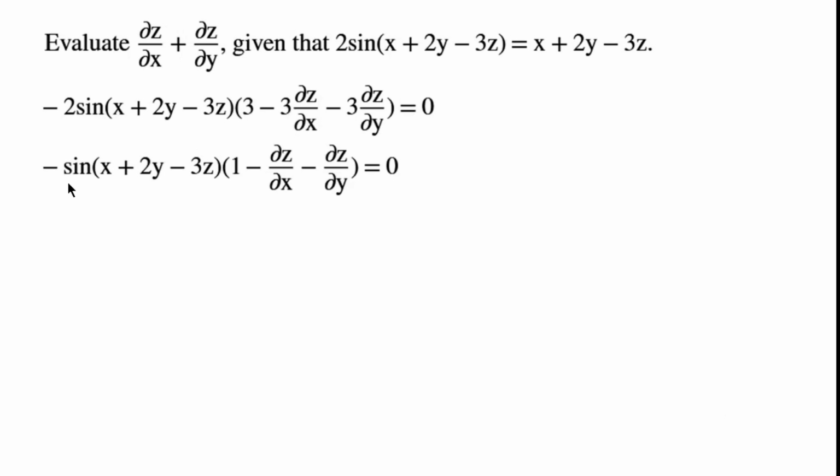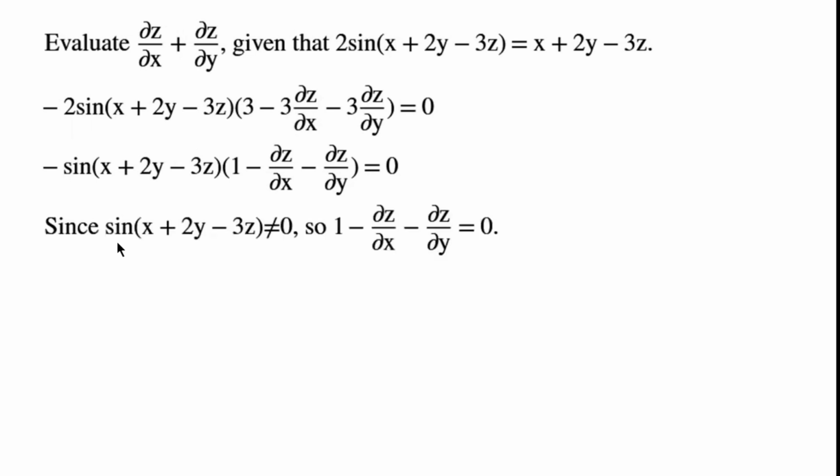So we can now write −sin(x + 2y − 3z) times (1 − ∂z/∂x − ∂z/∂y) equals 0, since sin(x + 2y − 3z) doesn't equal 0.